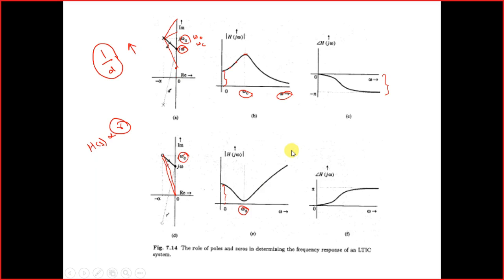Okay, so the same thing, just reversed, we see in the zero based filters. This is not a realizable filter. Just for the sake of understanding how zeros affect the amplitude response, we are discussing this one. Okay, so if you look over here, this becomes the thing, right?